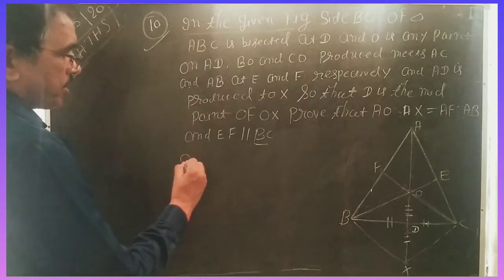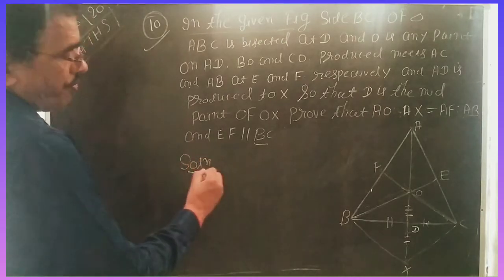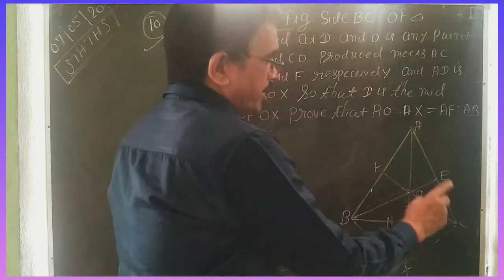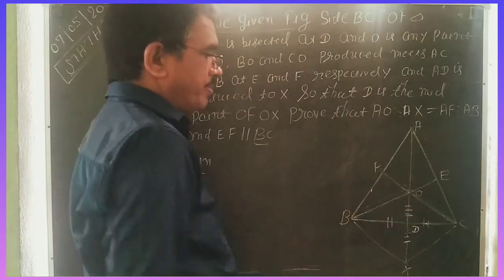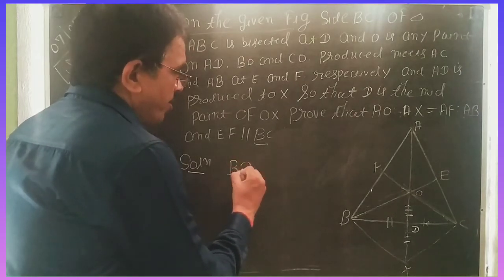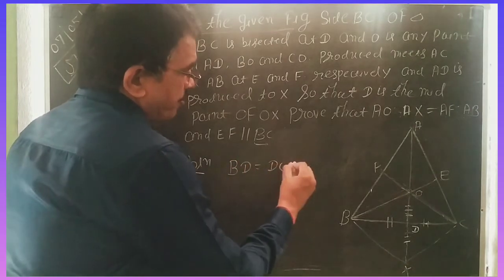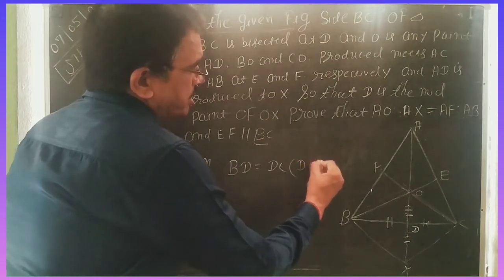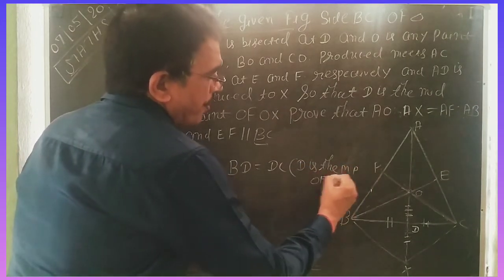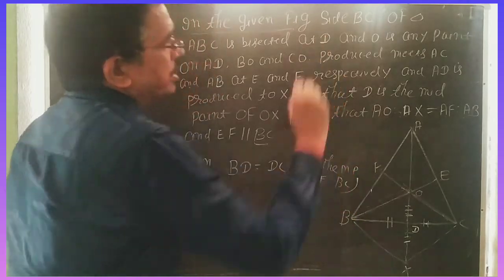So dear student, in the solution, first we have to prove that OBXC is a parallelogram. How is it possible? BD is equal to DC, because D is the midpoint of BC, given in your question.